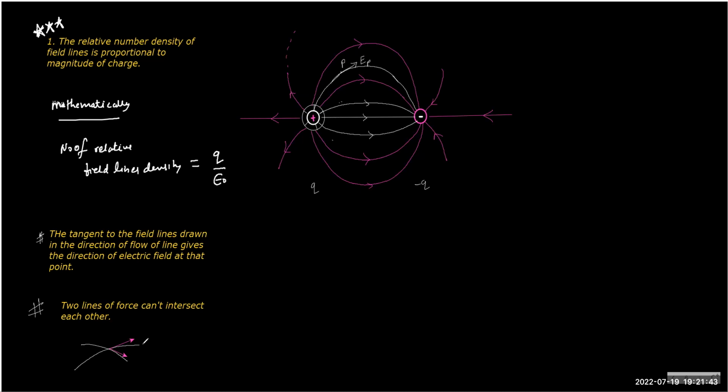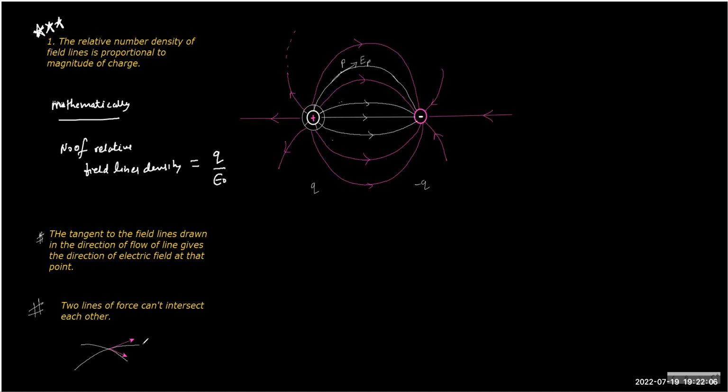Every distribution of charge, no matter whether it is due to two charges or 2000 charges, can create only one unique field pattern. So there are no two field patterns which can be created by one distribution.